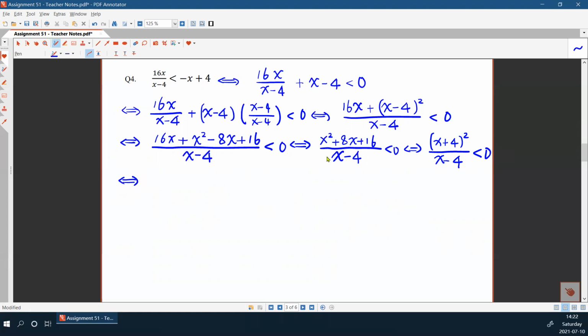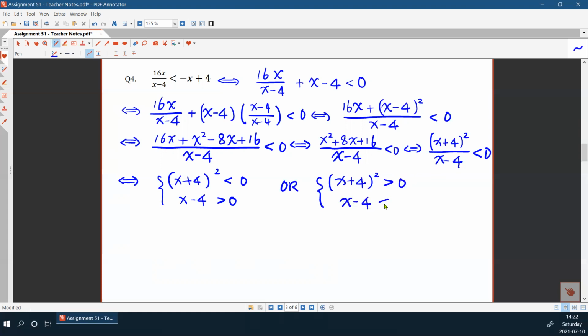The signs of the two numbers should be different, right? So either we have a negative numerator and a positive denominator, or we have a positive numerator and a negative denominator.